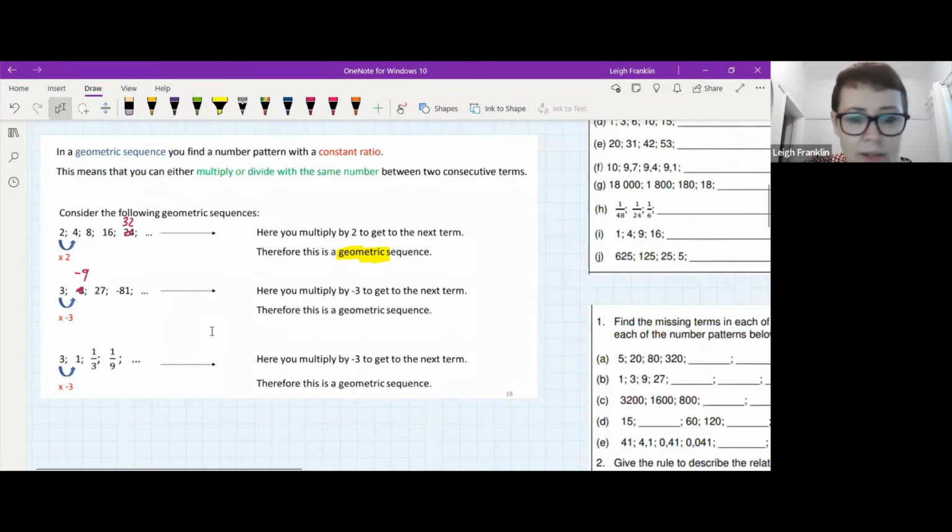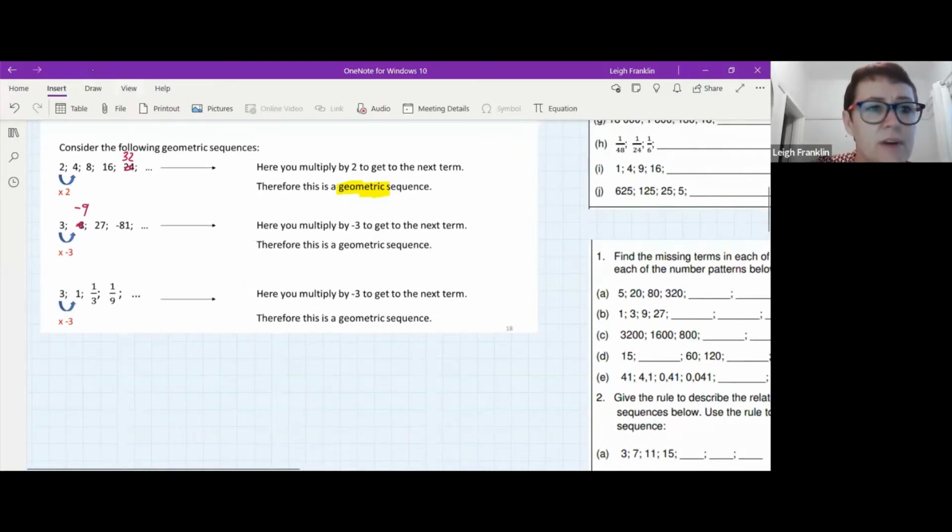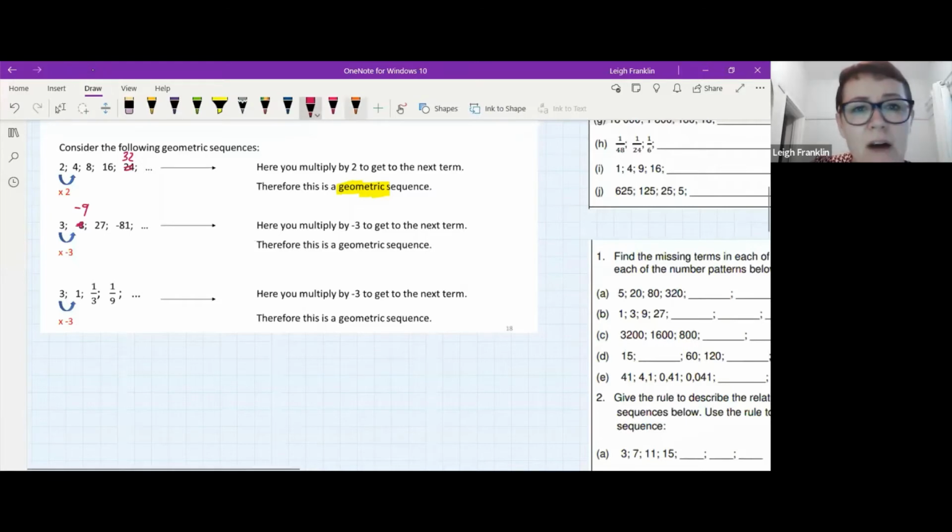Let's have a look at another example. Here we can also divide. Sorry, this is not times, it's divide. So we can also divide by a number. In this case, we are dividing by 3.